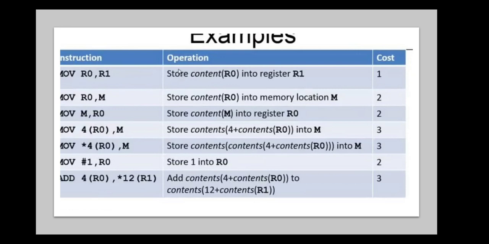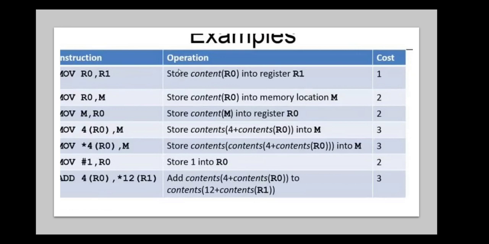And then here we have to concentrate on this: move 4(R0), M, which means it consists of a constant plus R0. Here the 4(R0) has 1, move has 1, and M has 1, so the total cost will be 3. The same thing happens in the next step also.